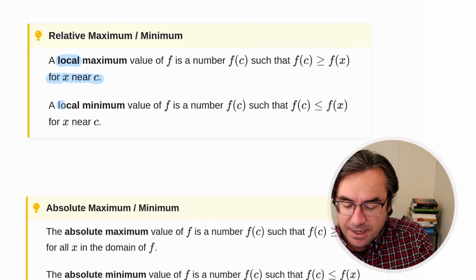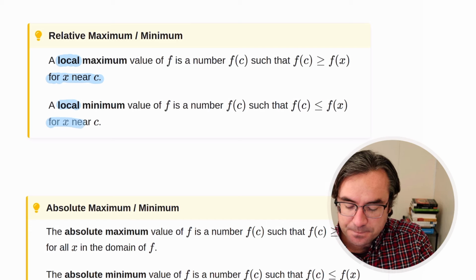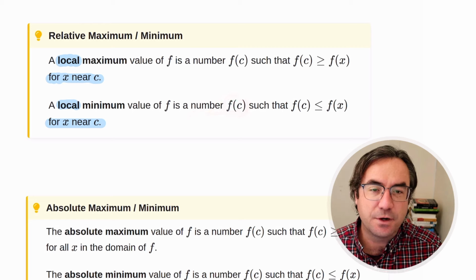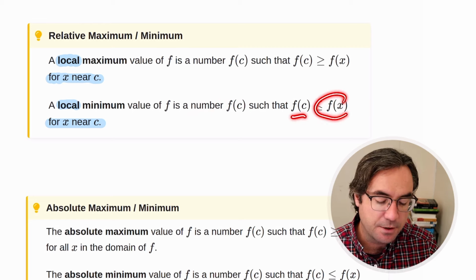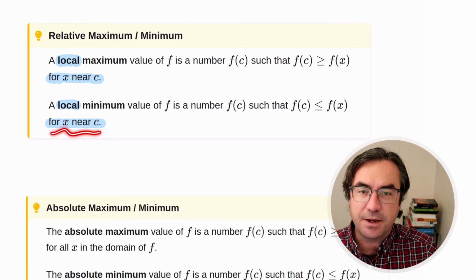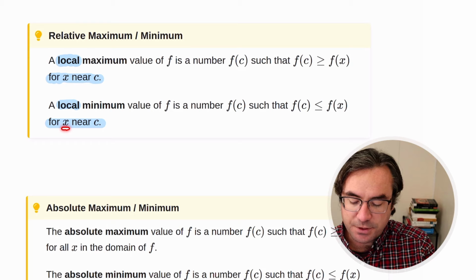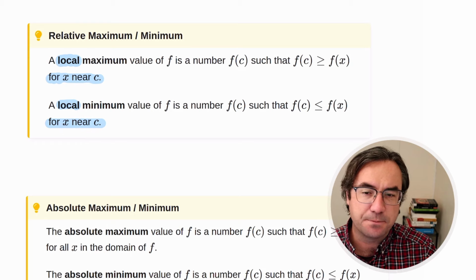And a local min is the same thing. It's a value of our function that's smaller than all of the surrounding function values, so for inputs that are close to our critical number.